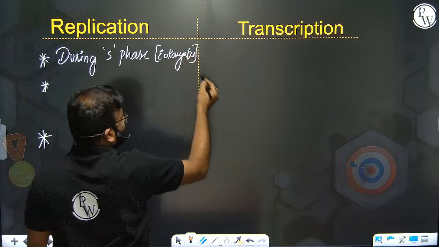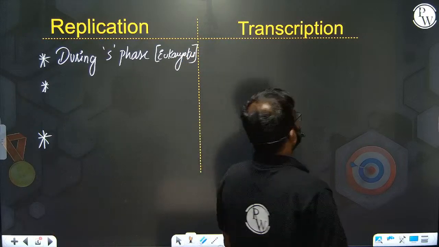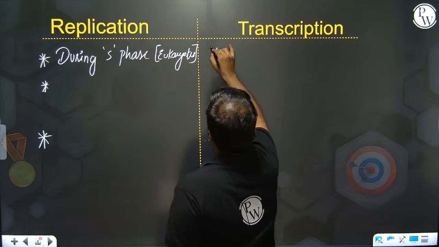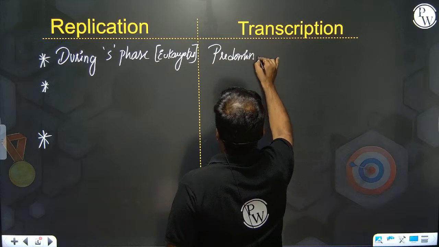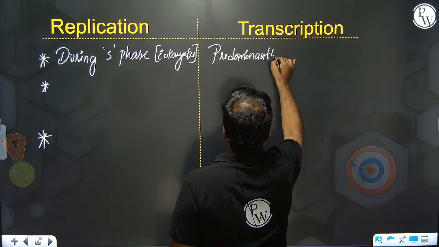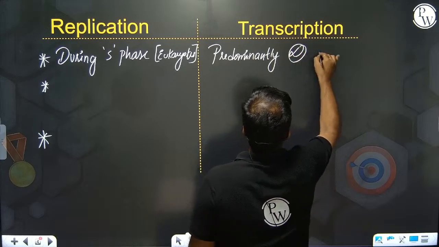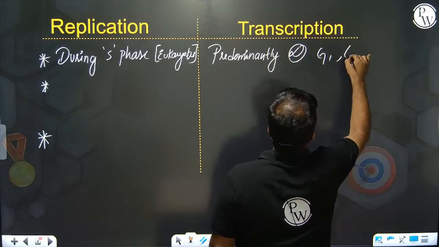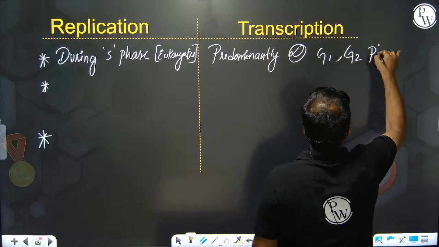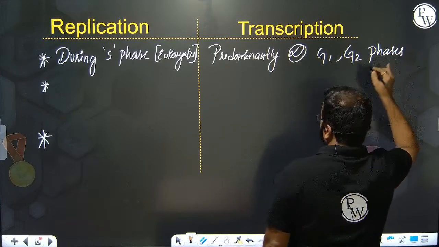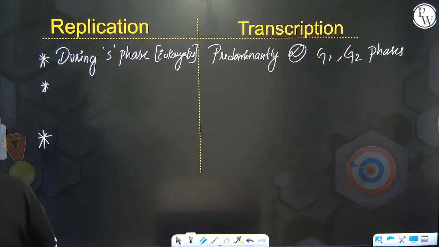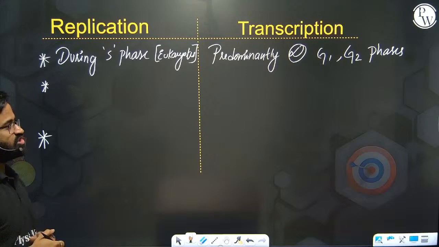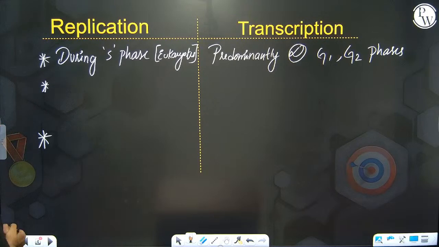And where does transcription occur? Predominantly at G1 and G2 phases. I'm not denying it doesn't occur in S phase. It does, but it predominantly occurs in the G1 and G2 phases.